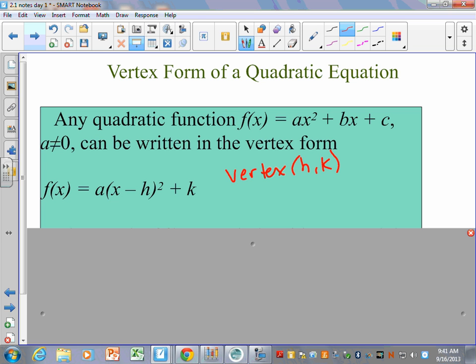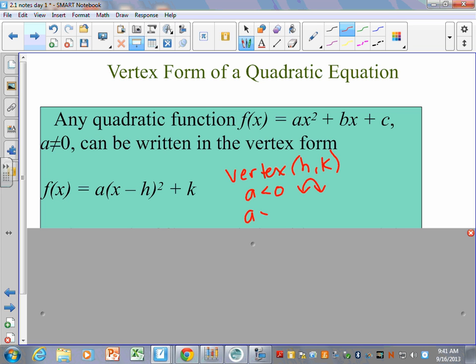You also can use the idea of transformations to help you in vertex form. Think about k tells you how much a graph moves up and down. h tells you how much it moves left and right. a tells us a couple things. Whether a is positive or negative tells us if the graph opens up or down. So if a is less than 0, then our graph opens down. I'm just going to draw a little graph like this.